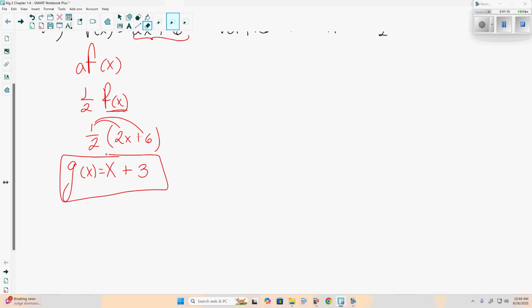Questions on this here? And again, with this vertical stretch or shrink, or any of these transformations that we're applying to the function, I would stick to the general form.